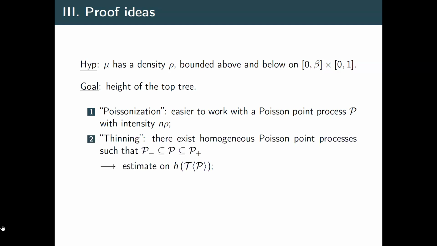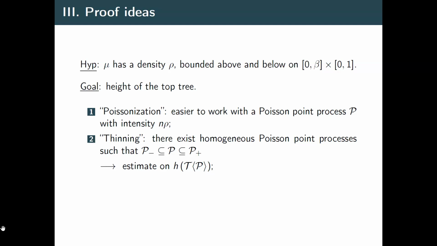Then the nice thing is that we have a thinning property, which allows us to take out a few points randomly here and there to get a smaller point process, which is homogeneous. It means that the points inside of this smaller point process are uniformly distributed. And it's also possible to add a few points here and there to get a larger point process P plus, which is a homogeneous Poisson point process.